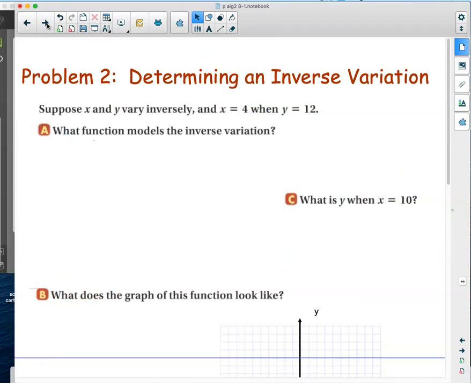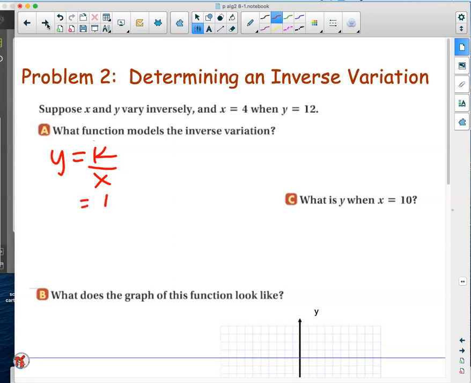So now, this says determining an inverse variation. Suppose x and y vary inversely. Ooh, I stop right there because I write this down. As soon as I see variation, inverse, hey, y equals k over x. Then they give me some numbers. Ooh, that's going to be helpful. When x is 4, y is 12.